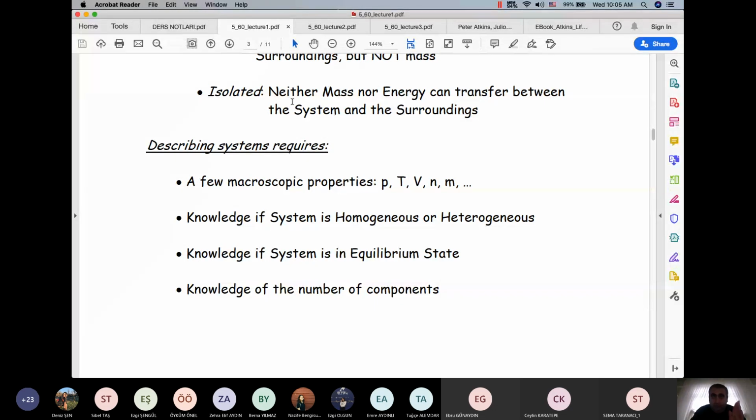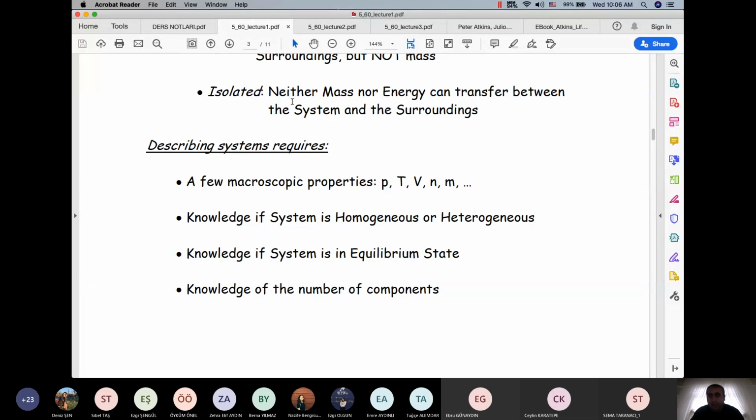So the equilibrium state and the non-equilibrium state have totally different aspects and totally different results, actually, because if the system is not in equilibrium, it is really hard to describe the system.